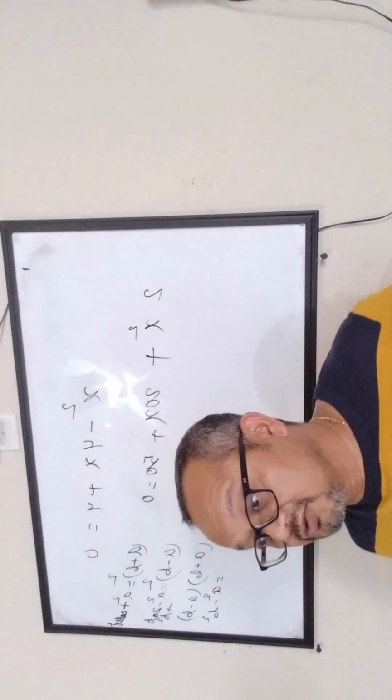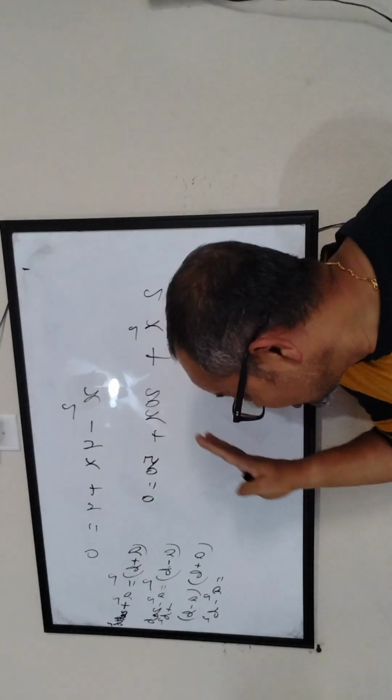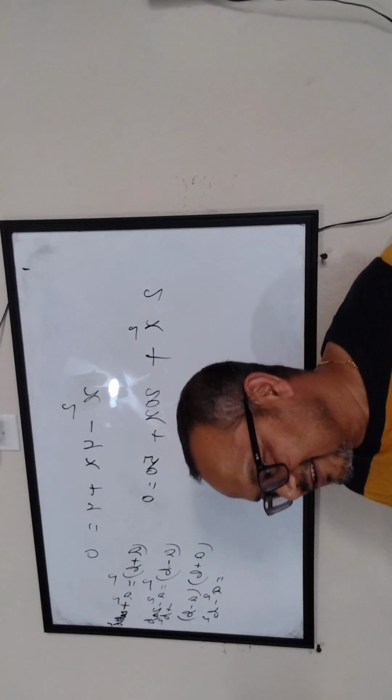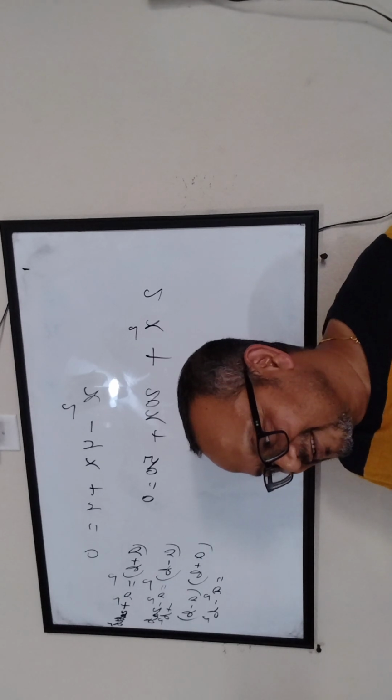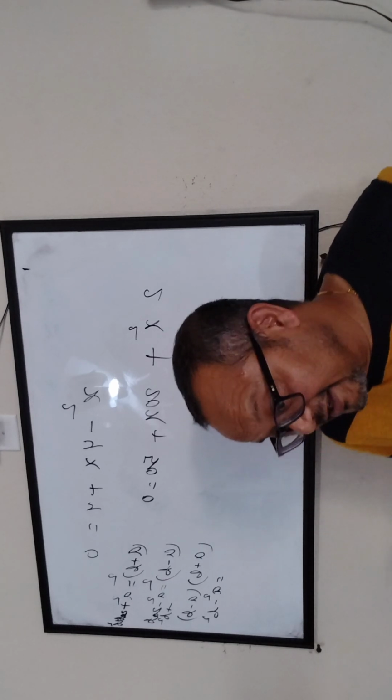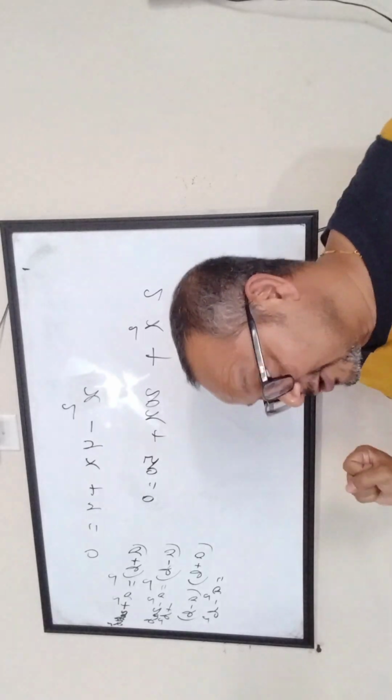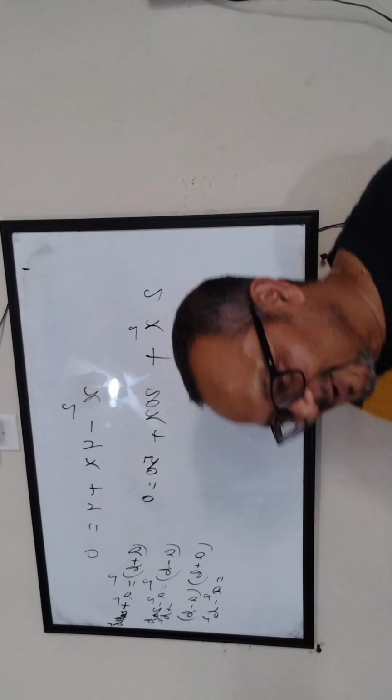Without going to the quadratic equation formula, who all can solve this real quick? Think about it. No, see, I'll pull you guys out of your comfort zone. That is when you start thinking more.